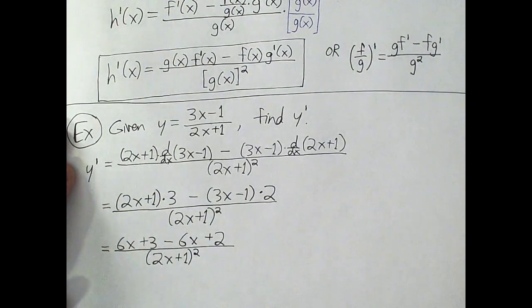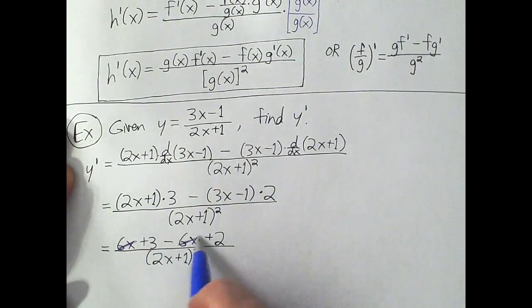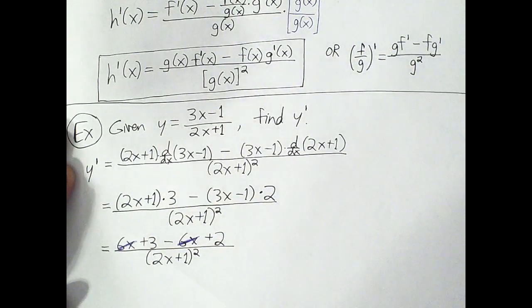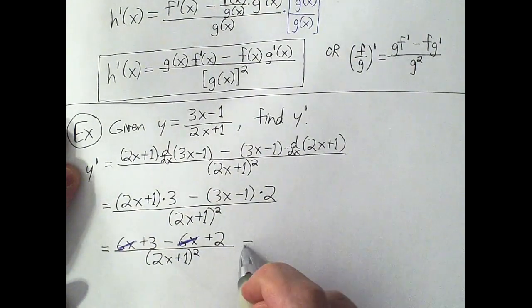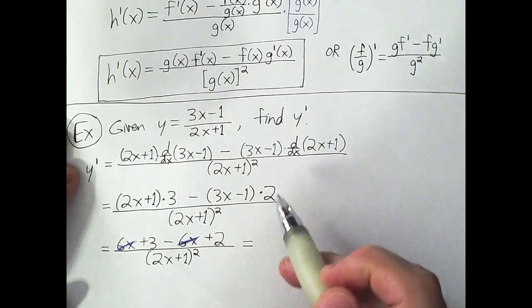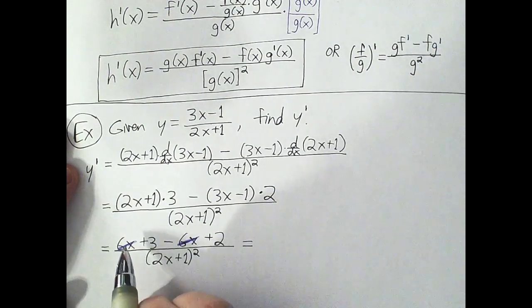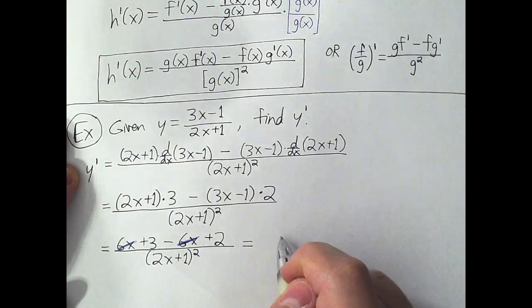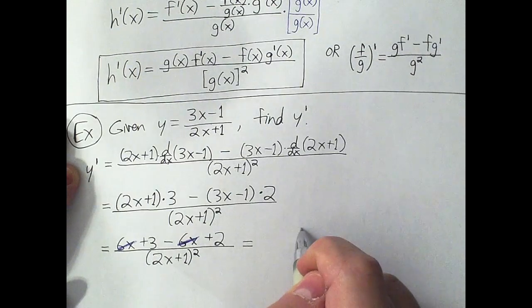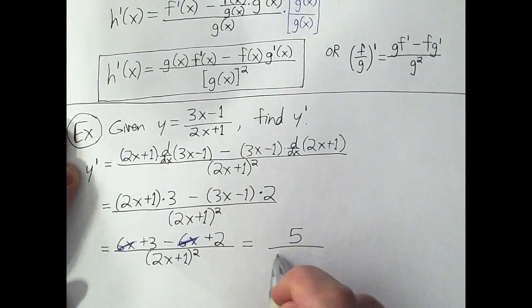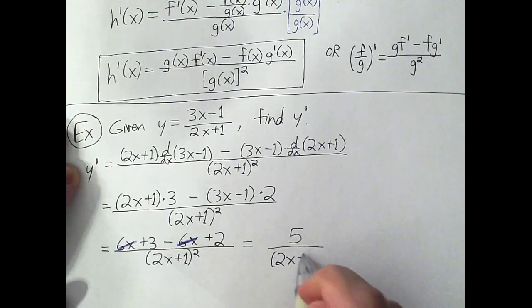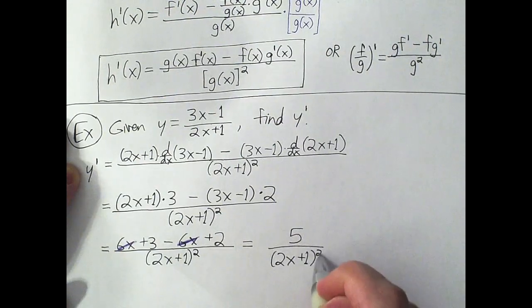I'm glad that we did that last step because it shows me that there is a 6x minus 6x. I couldn't see that in the previous step, but now I can see. 6x cancels with the 6x. 3 plus 2 is 5. So my answer is 5 over (2x plus 1) squared.